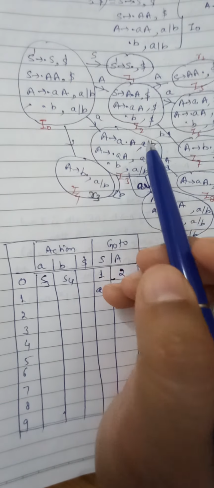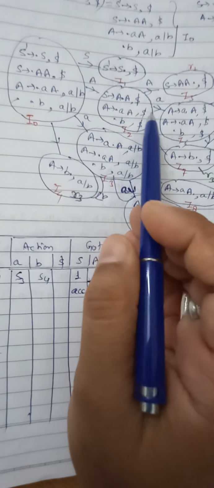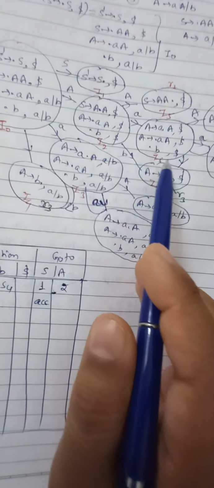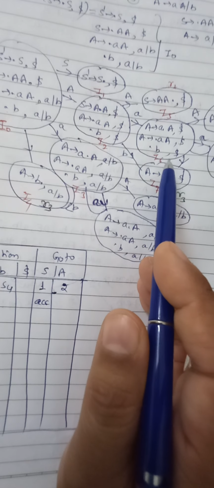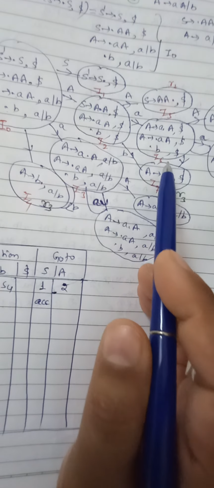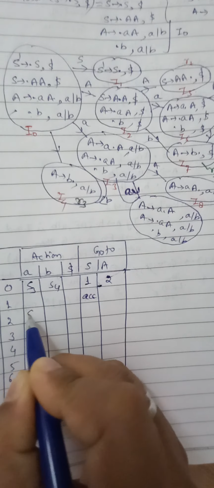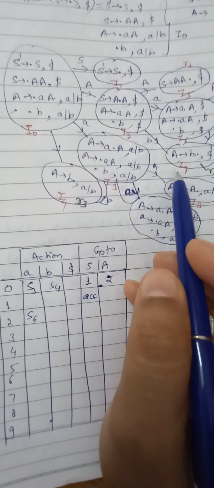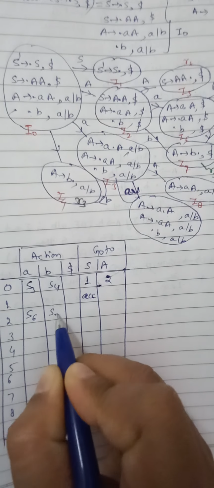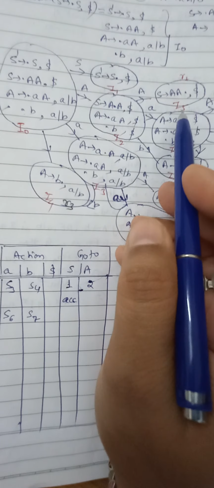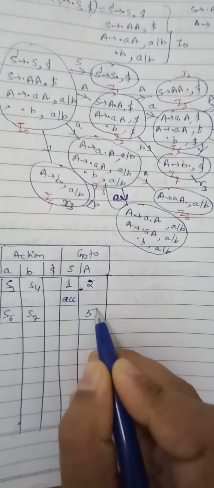And at the second state, on A it is going to I6, so we will write here S6, and on B it is going to I7, so we will write here S7. And for the variable A, which is going to I5, so we will write here 5.